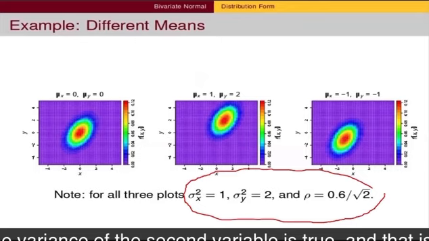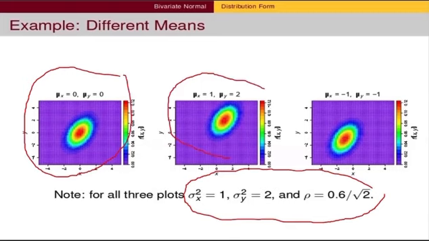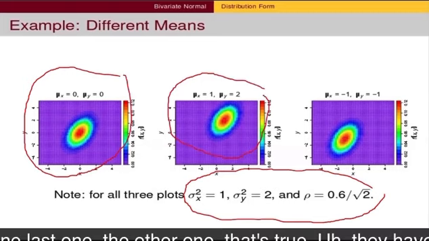And I want to look at the effect of different means. I want to consider a situation where they have the same mean, 0, 0. Or they have different means, one has 1, the other one has 2, or they have the same mean, -1, -1.